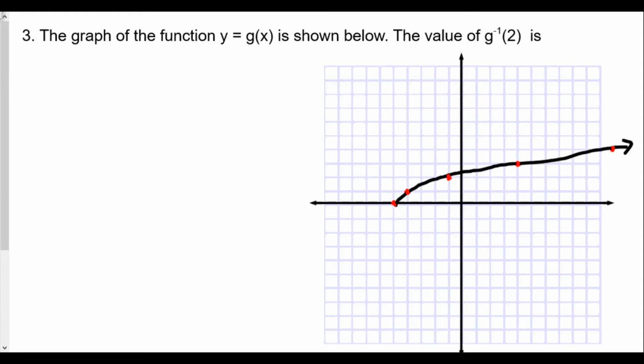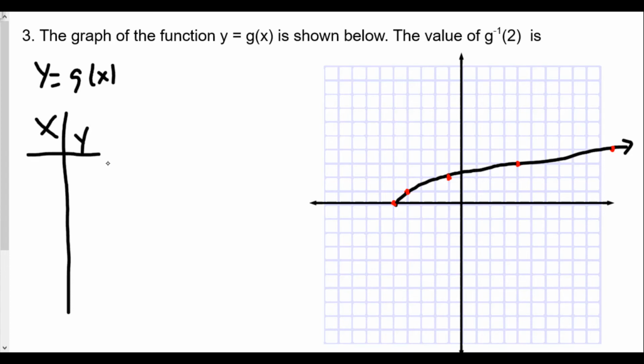For number 3, the graph of the function y equals g of x is shown. The value of g inverse of 2 is, okay, well, here's the thing. For y equals g of x, let's write the table we have here of x's and y's. It looks like the x value is negative 5, the y value is 0.